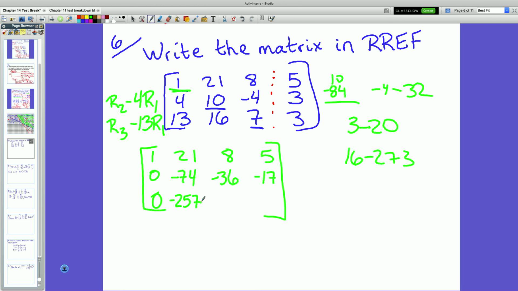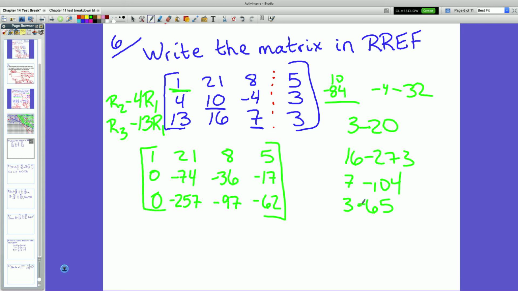Okay, then I'd have 7 minus whatever 8 times 13 is. 8 times 13, 104. So then that would give me negative 97. And then I'd have 3 minus 65, which would be negative 62.